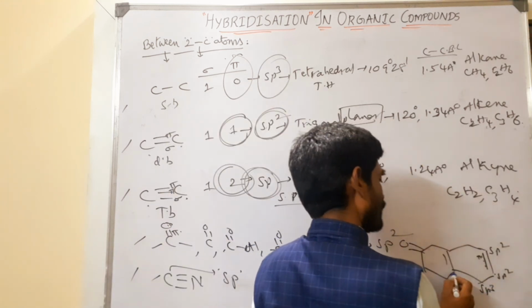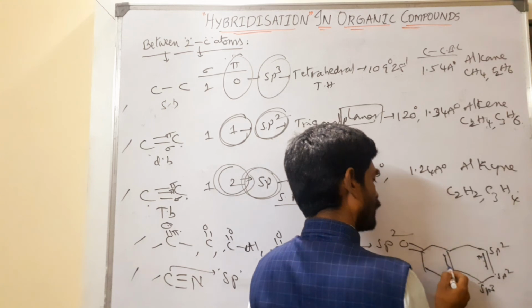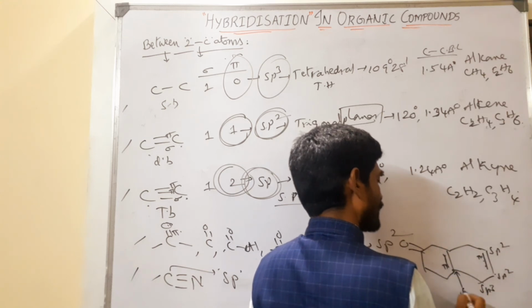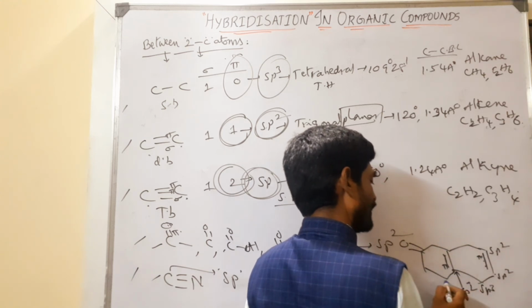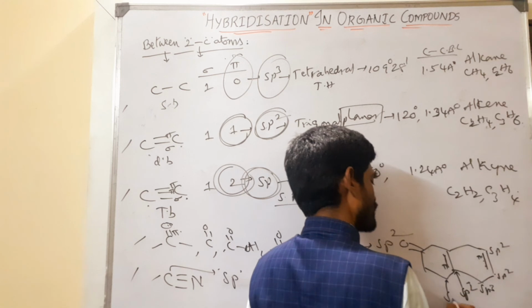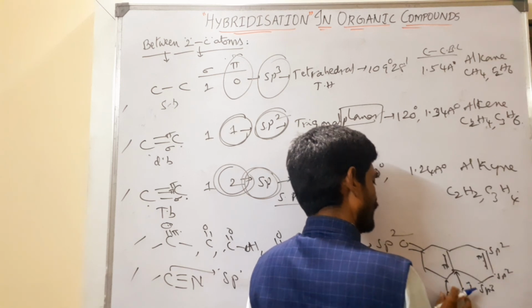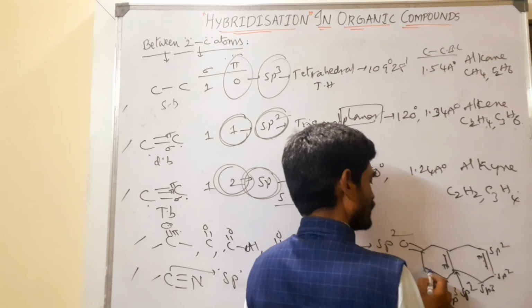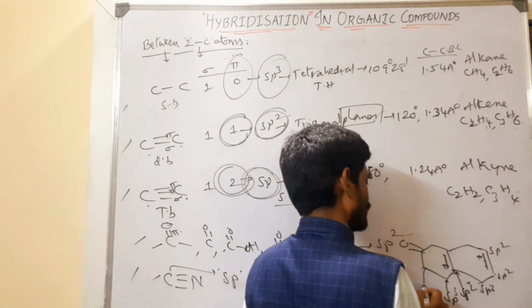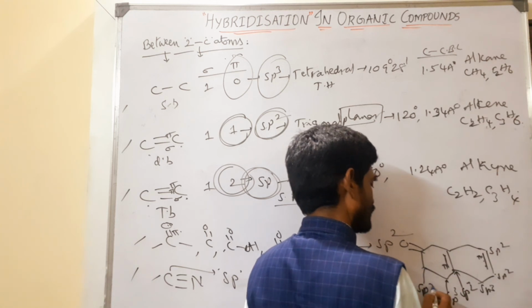Here this carbon has one pi bond, so that's why it undergoes sp2. And here no pi bonds, no pi bond means sp3. And this carbon here has no pi bonds, so it also undergoes sp3.